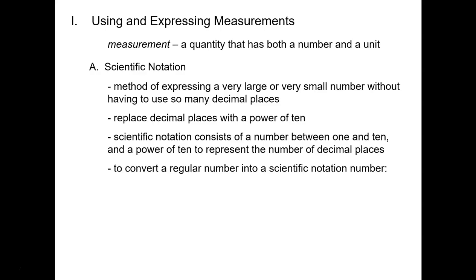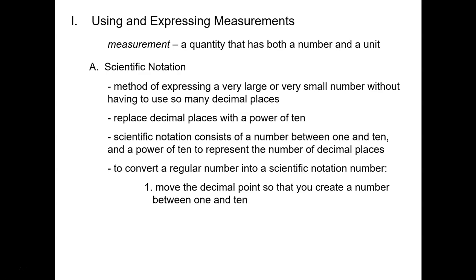If we want to convert a regular number into scientific notation, the first step is to move the decimal point. Here's the number 1,000, and I want to write this in scientific notation. I'm going to find the decimal point in this number first. When we write out a number like this, the decimal point is there, we just don't see it, but we know it's there. It would be right here. We're going to move it so that we make this into a number between 1 and 10. If we move it over to here, it becomes 100. Move it over to here, it becomes 10.